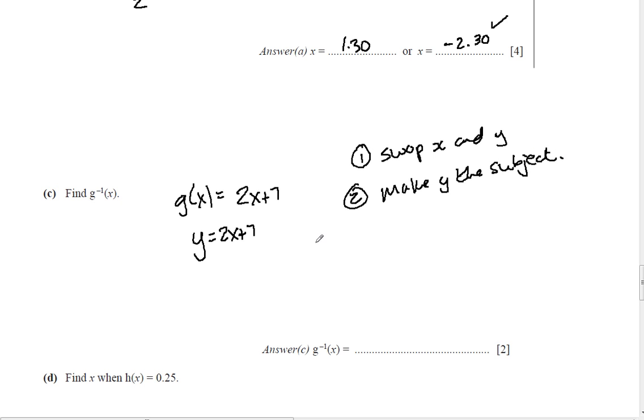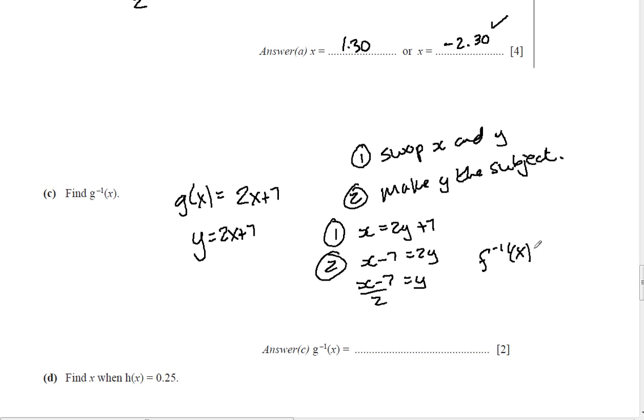So we swap x and y around, so x is equal to 2y plus 7. Make y the subject: x minus 7 is equal to 2y, and that's our inverse. Sorry, not f, but g. So the inverse of g is equal to x minus 7 over 2.